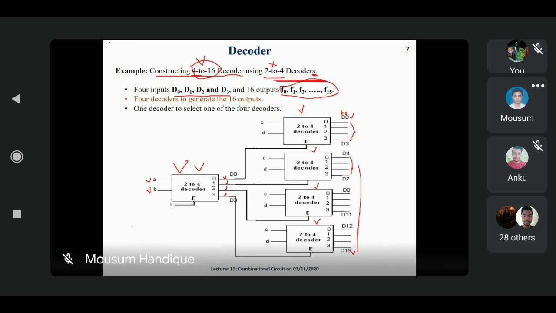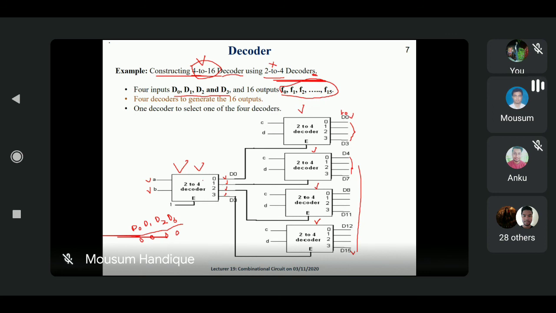Suppose D0 is 0, D1 is 0, D2 is 0, and D3 is 0. Then which particular decoder are we actually selecting?